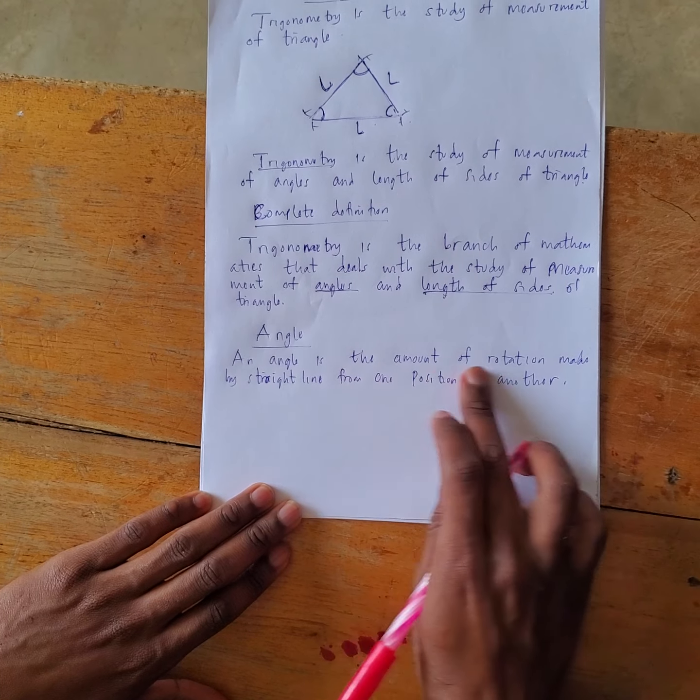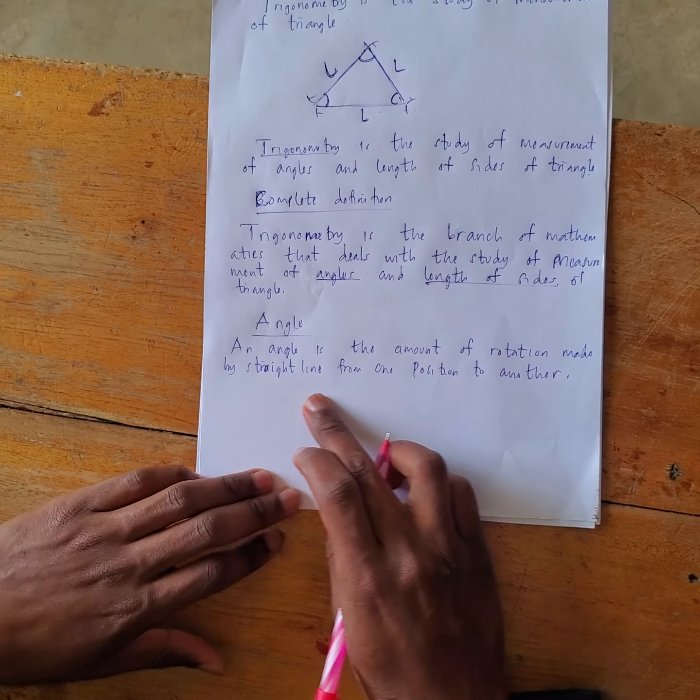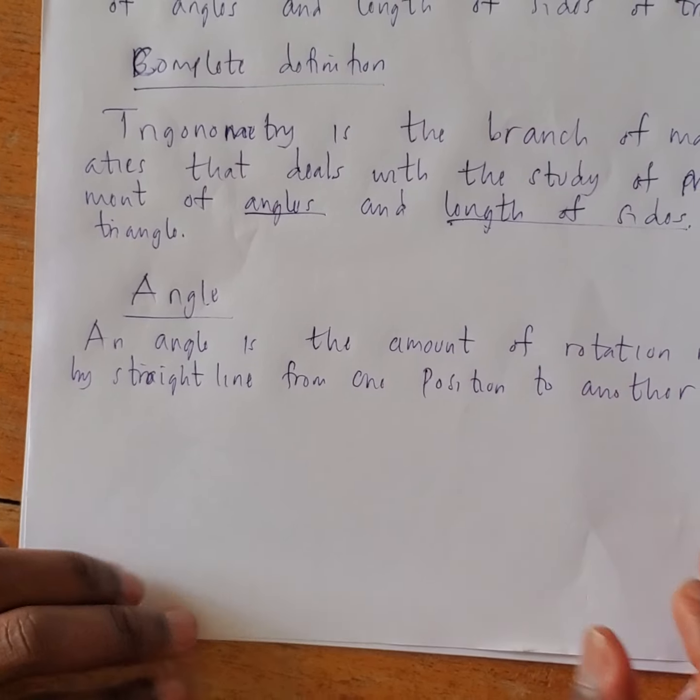So an angle is the amount of rotation made by a straight line when it rotates from one position to another.